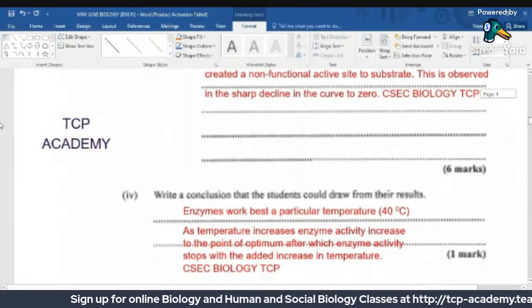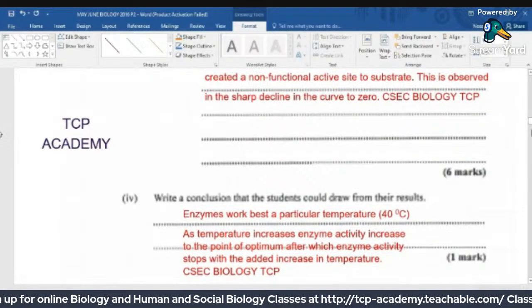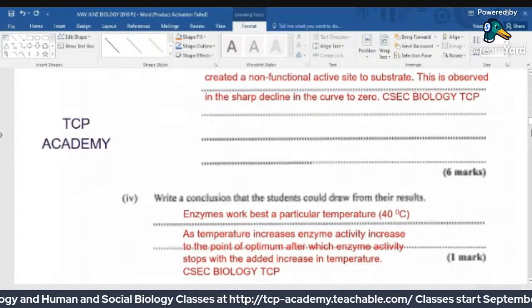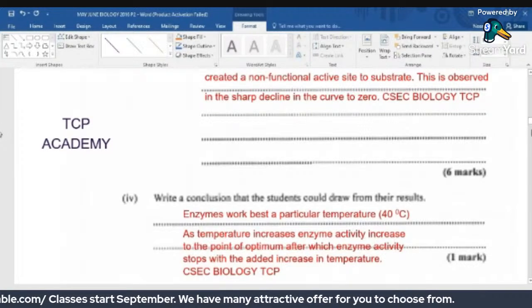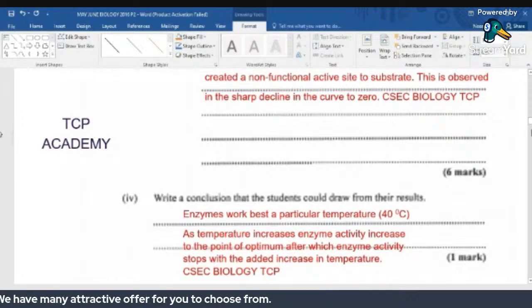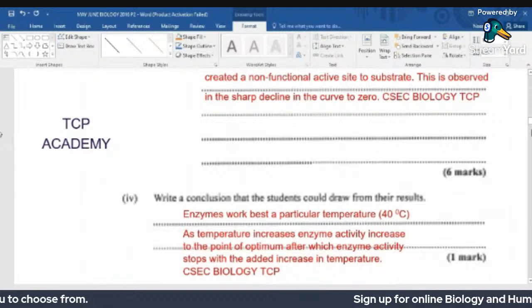One of the things we observed from the experiment is that the enzyme works best at a particular temperature. We also observed that as the temperature increased, enzyme activity increased to a point of optimum, after which the enzyme activity stopped with the added increase in temperature.